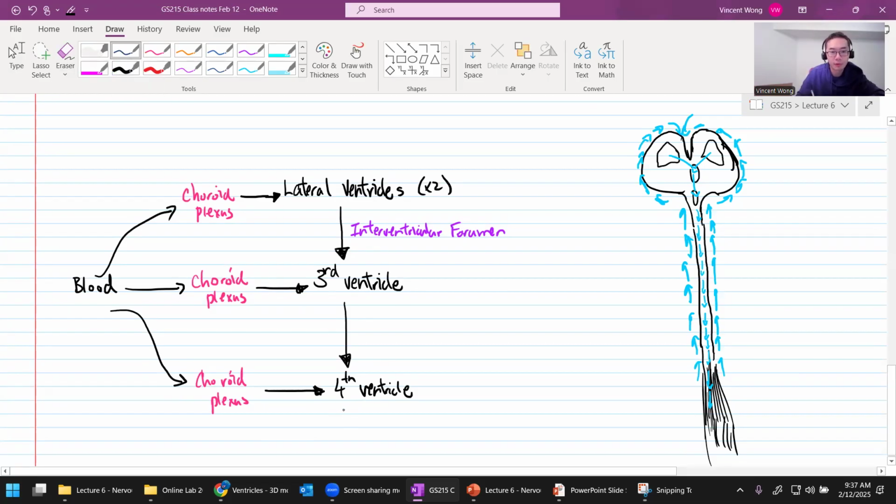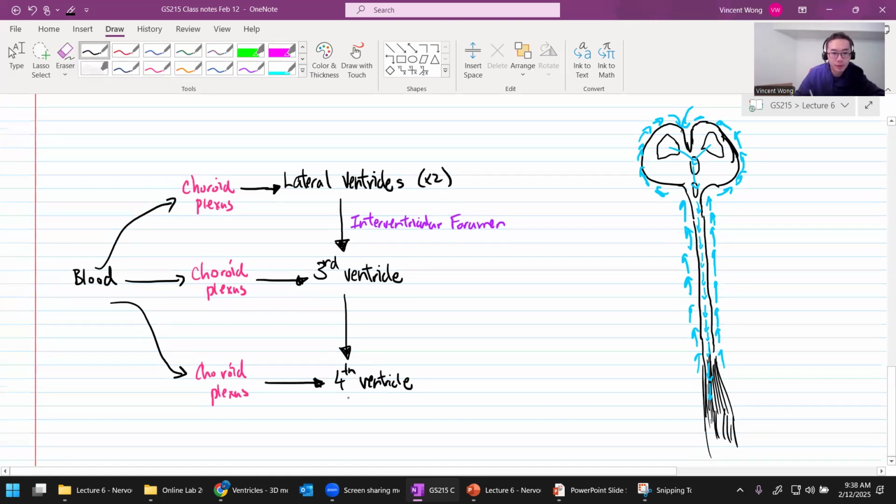Okay, so from the fourth ventricle, it is going to go to the central canal of the spinal cord.